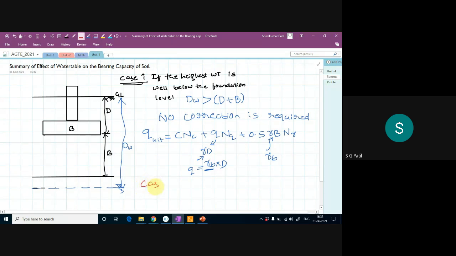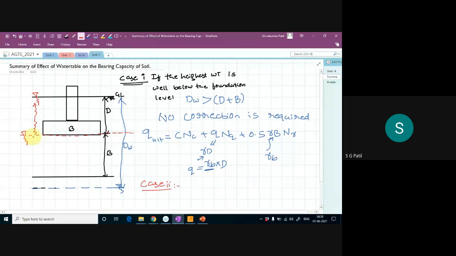Okay, now case number 2 I will check. What is case number 2? The water table is somewhere here in the summer season, but in the monsoon season this water table may rise and come up to here.